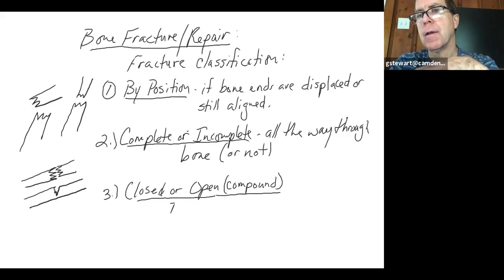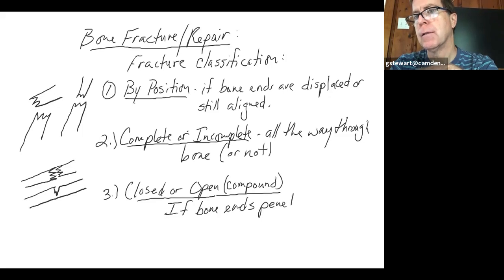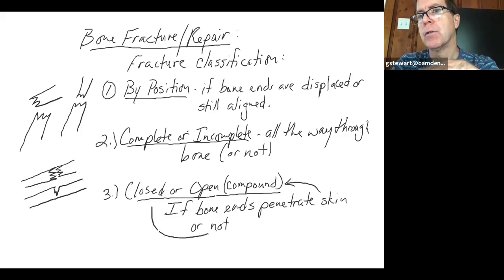So I'm just going to write if bone ends penetrate skin, we would call that compound, or if they don't, we would call that closed. Okay, so those are the classification systems that we use to classify bone fractures.